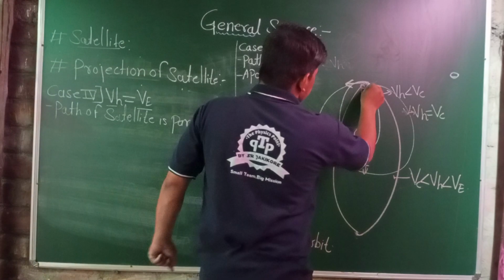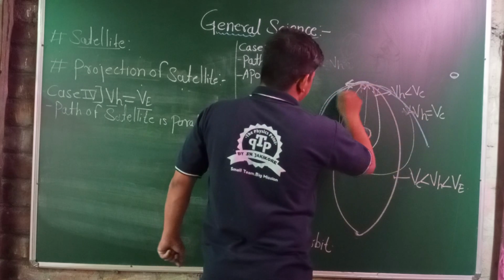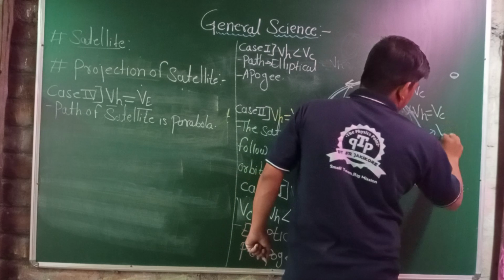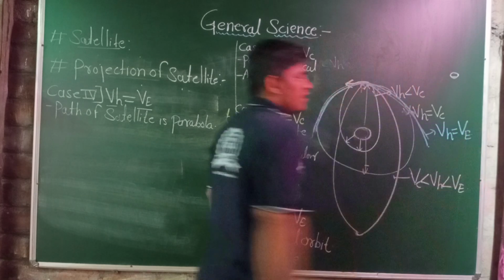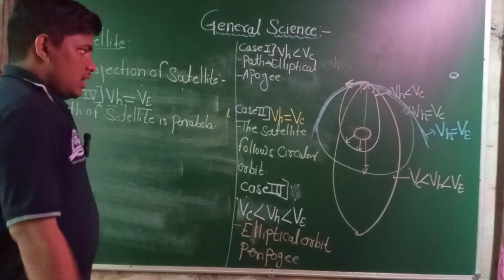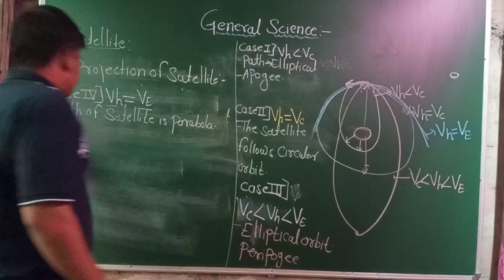This is the parabolic path, and the fourth condition is Vh equal to Ve. Ve is the escape velocity, the velocity required for the satellite to escape from the Earth's gravitational influence.